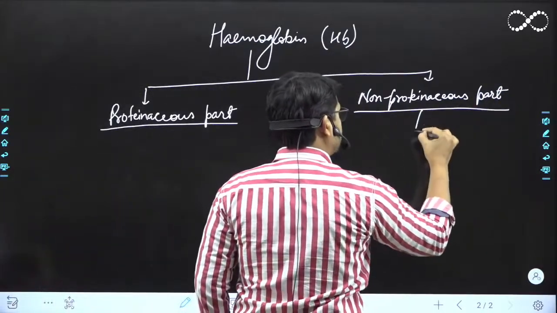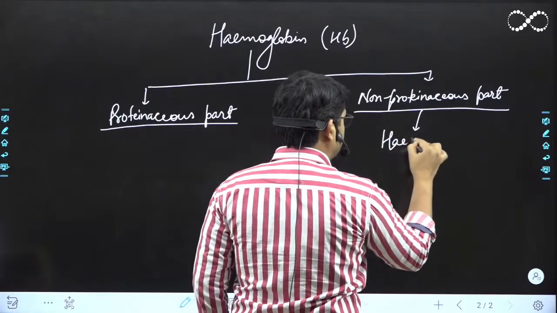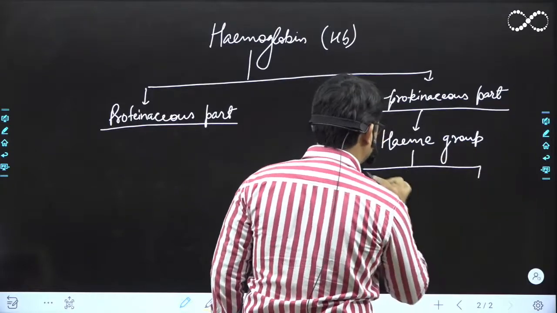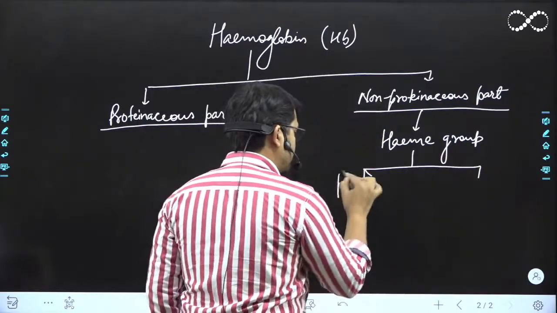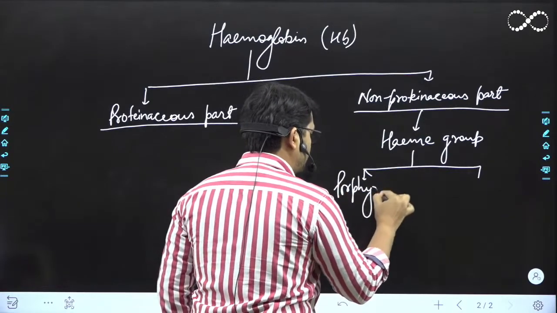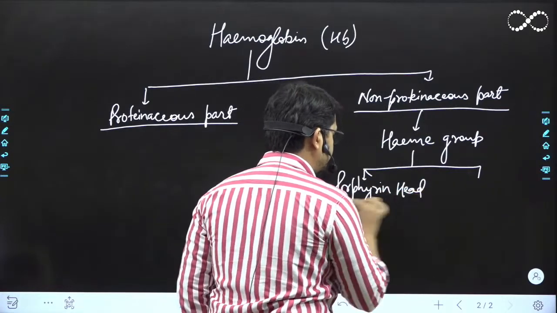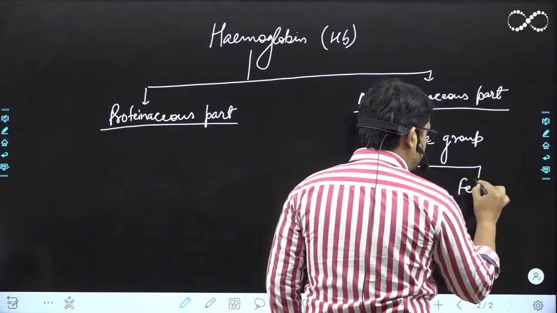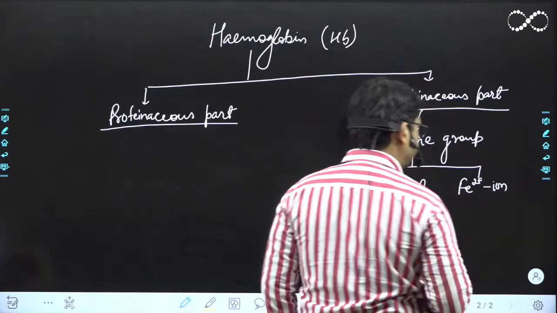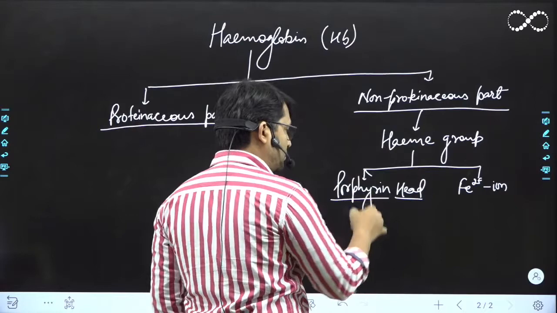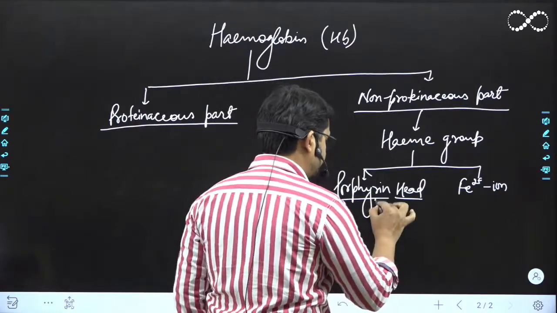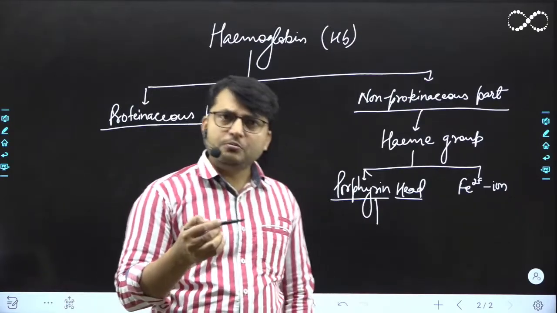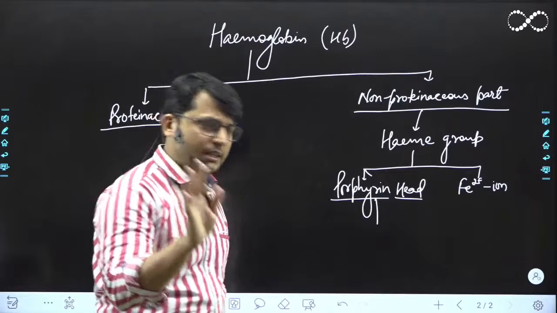Look, the non-proteinaceous part is represented by heme group. Okay, and this heme group has two things. Number one is porphyrin head, and second is Fe2 plus ion. Okay, now this porphyrin head is actually made up of 4 pyrrole rings. इतना याद आपको नहीं रखना है.